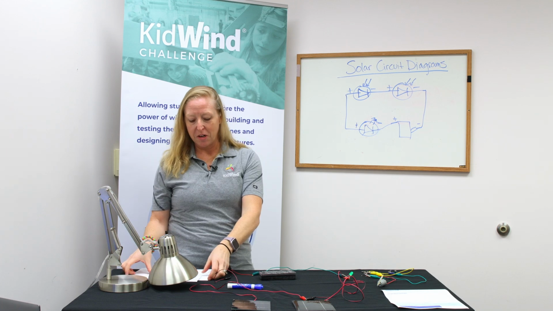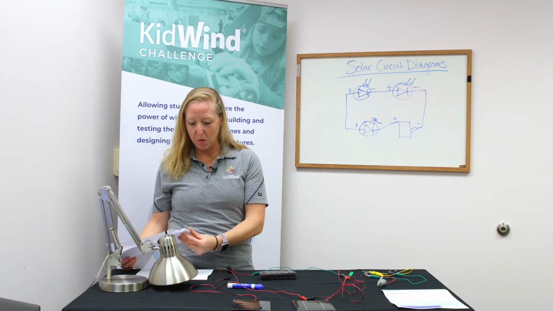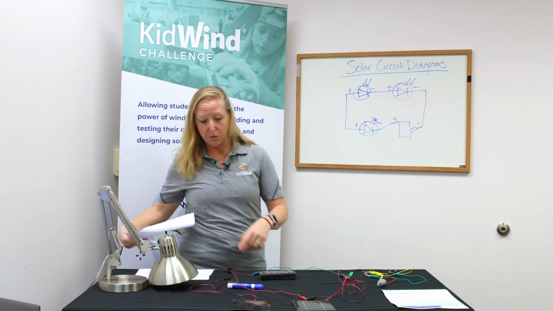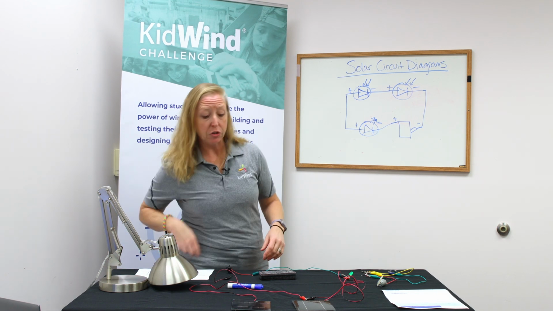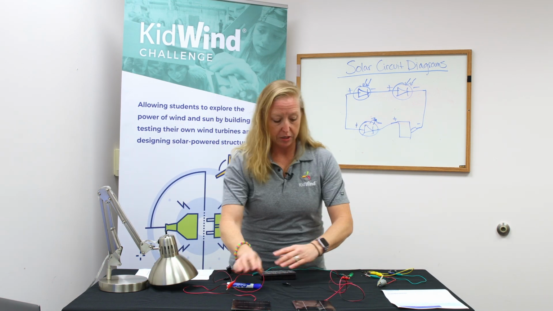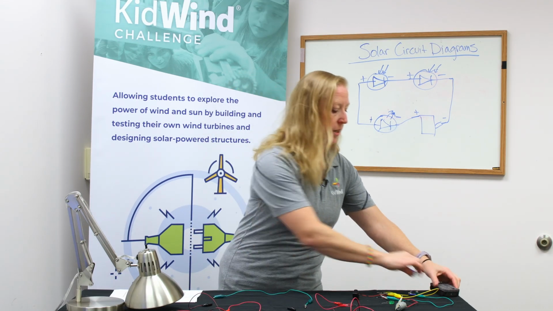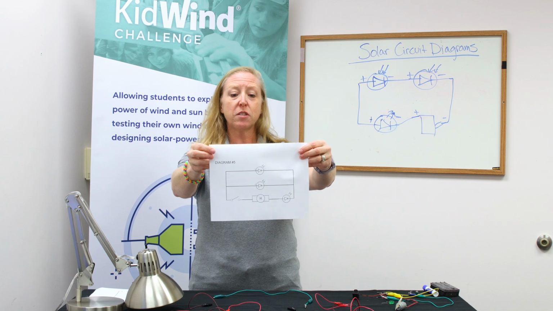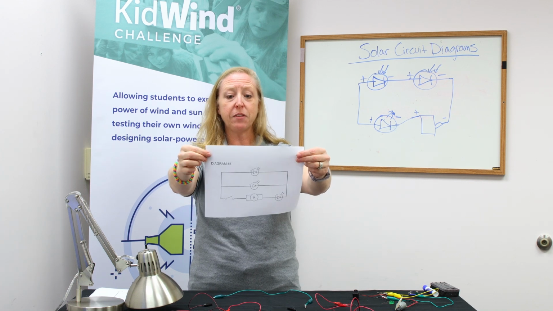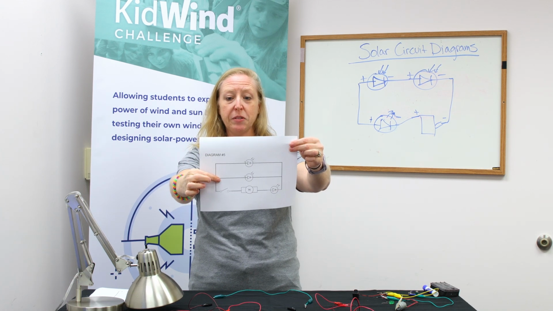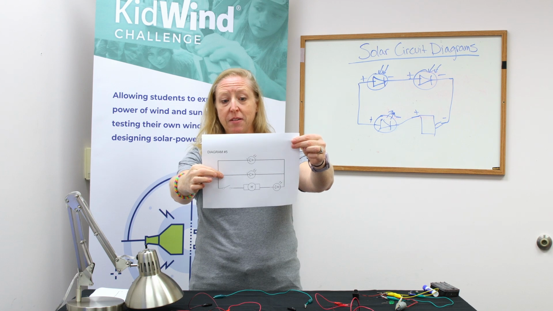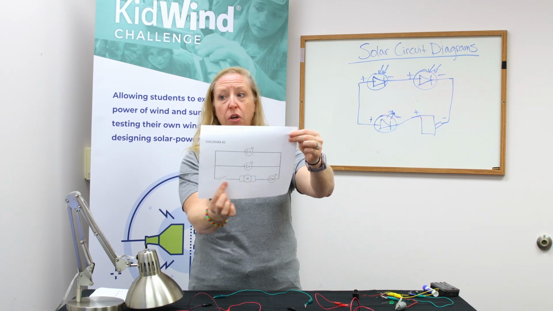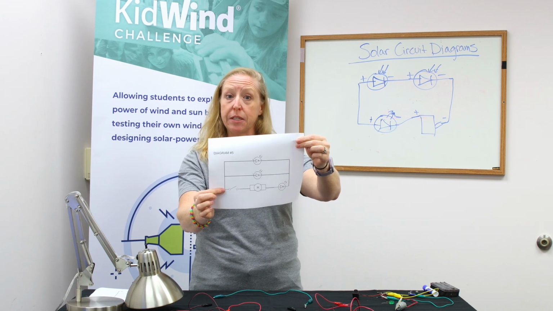The next thing I want to try is I'm going to show us a diagram of a solar circuit, and we'll see if we can build it together and interpret a solar circuit diagram. For this one, we have this solar circuit diagram. In this one, we have two solar panels, and they are in parallel, and your loads, including a switch, are all in series, okay?